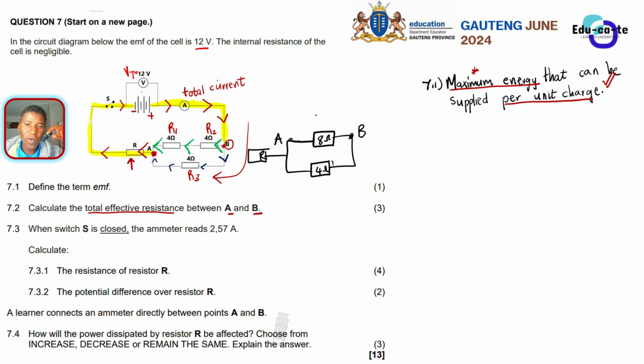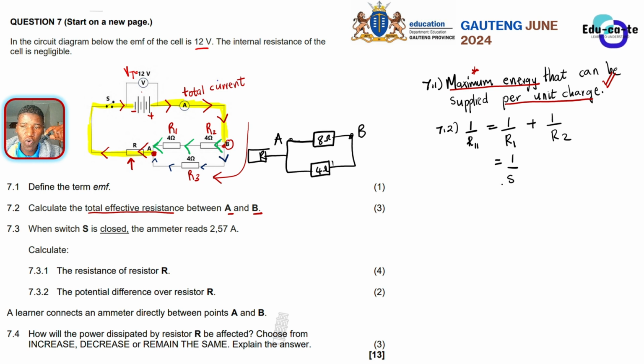For us to calculate the effective resistance of resistors connected in parallel, we can say that on 7.2, the resistance across parallel resistors is combined in the following way: 1 over R parallel is equal to 1 over the first resistor plus 1 over the second resistor. So it's 1 over R1 plus 1 over R2.